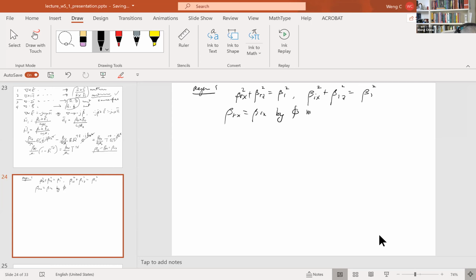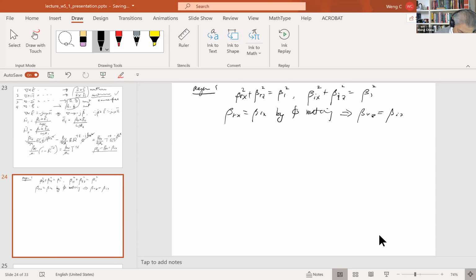Okay, if you look at these equations, beta 1 squared is the same, and this implies that beta Rz is equal to beta Iz. So you can just eyeball the two equations and they must be the same as each other.